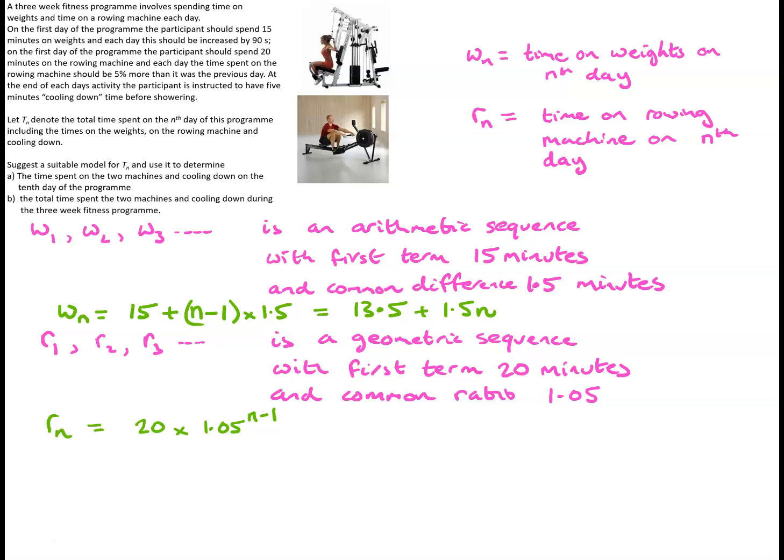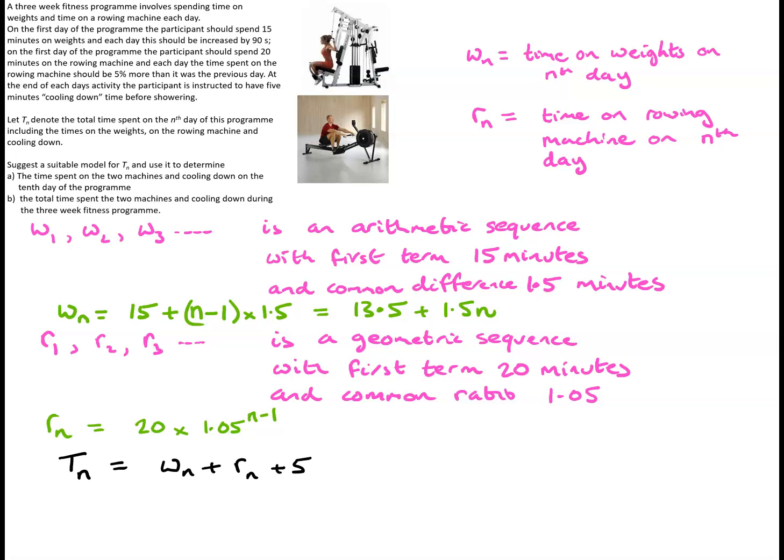So the total time spent on the nth day is going to be Wn, the time spent on the weights, plus the time spent on the rowing machine, which is Rn, plus the 5 minutes for the cooling time.